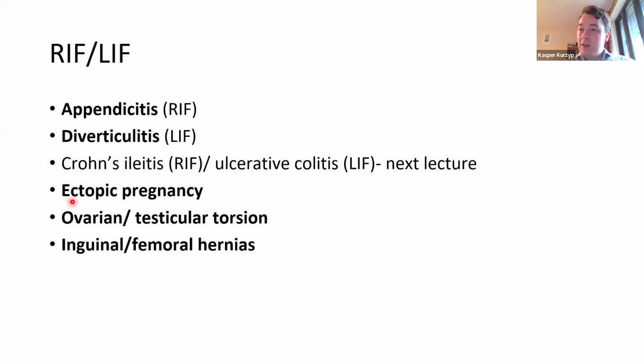Importantly, in that region, we have the female genitourinary tract and the risk of ectopic pregnancies. Similarly, in the GU tract, ovarian torsion will present with pain in the associated region, and testicular torsion commonly radiates to the abdomen. So we will cover that as well. And finally, but not the least, we'll cover the inguinal and femoral hernias, which are an exam favorite.